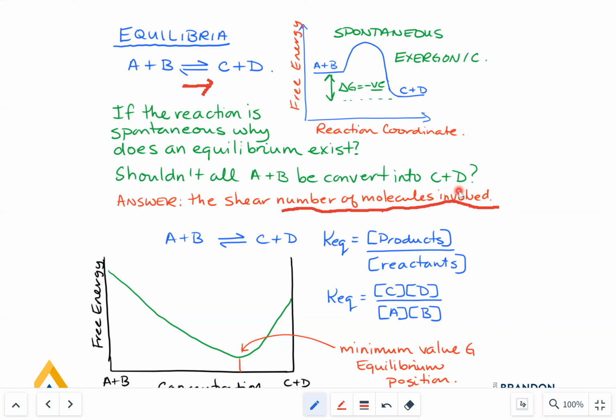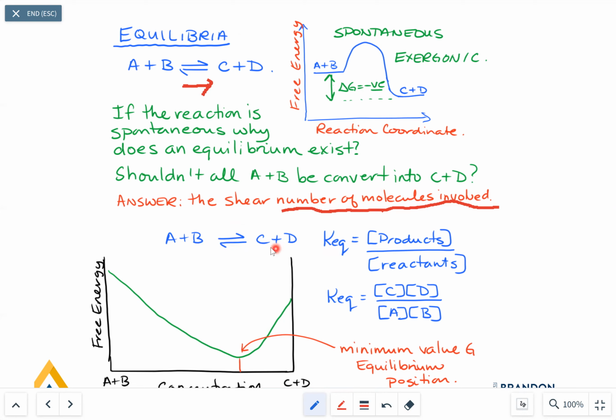Even if you're not working with a mole of reactants on one side or the other, it's an incomprehensibly large number. Quite often it's impossible to get all of it, because for this reaction to take place, A and B have got to collide with one another somehow to make C and D. So equilibria do develop just because of the sheer number of molecules.